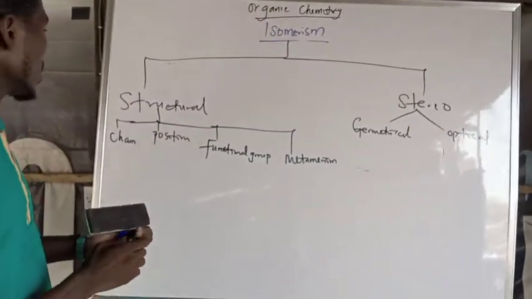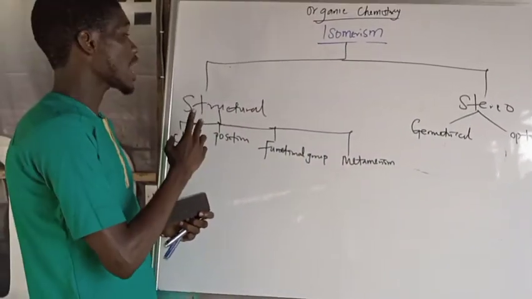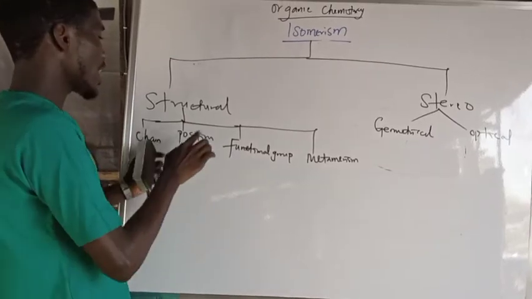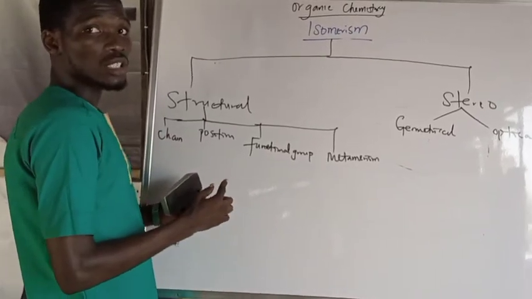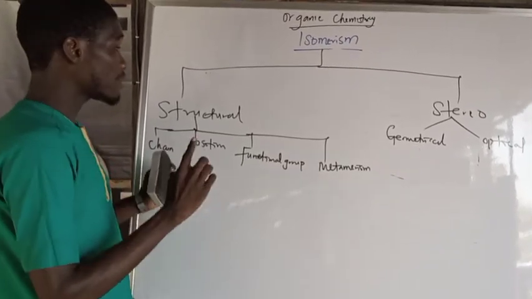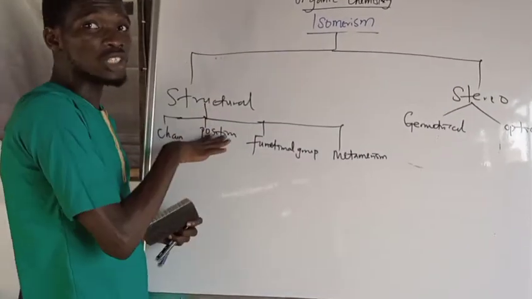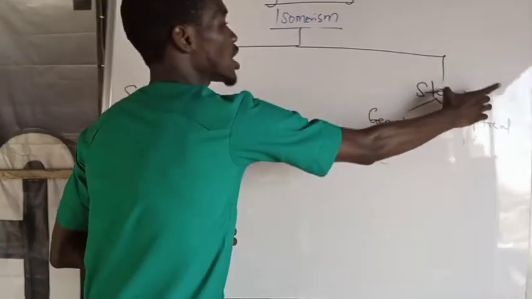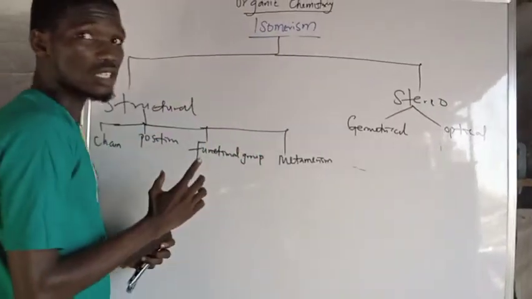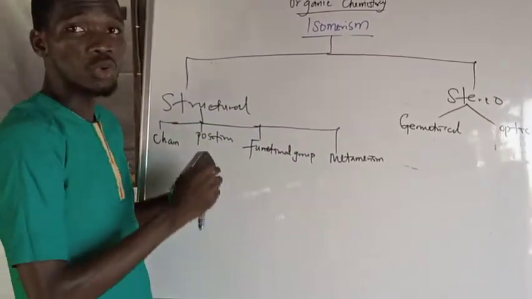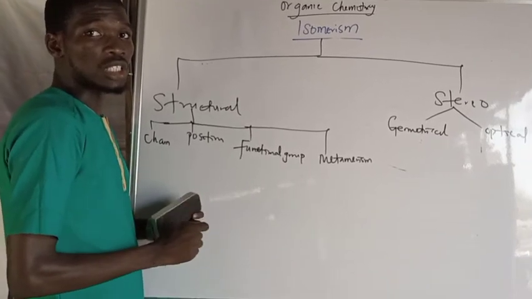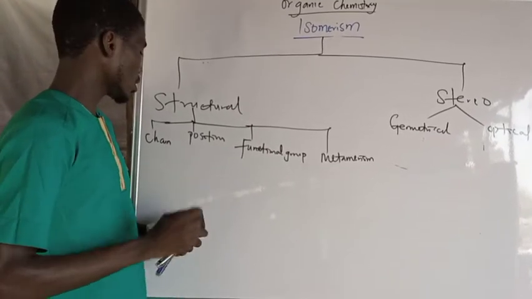So let's pick structural isomerism first, then we explain the divisions under it. And mind you, for JAMB, WAEC, and NECO students, structural isomerism and stereoisomerism are very important for you to tackle any question in JAMB, WAEC, or NECO.